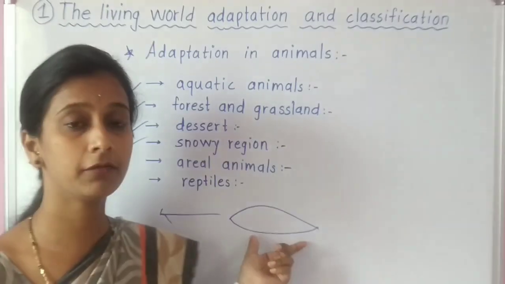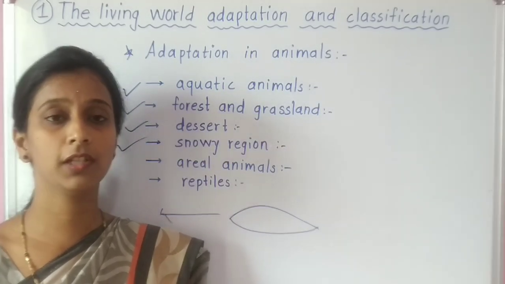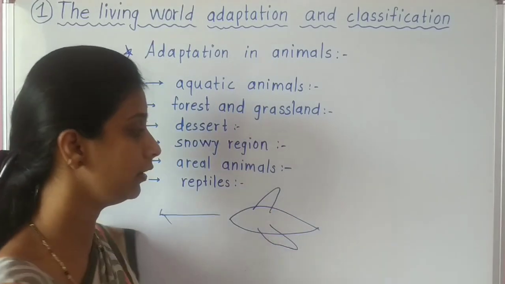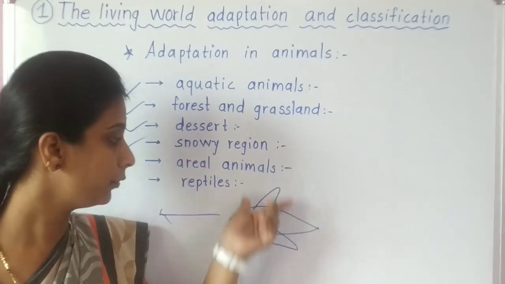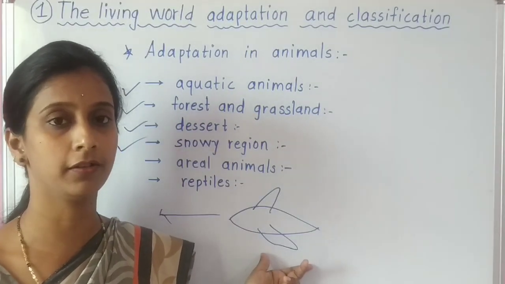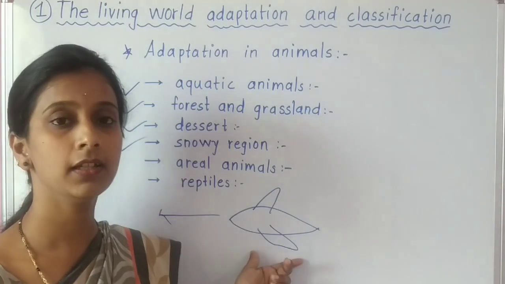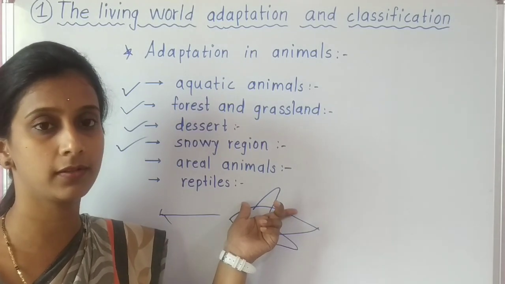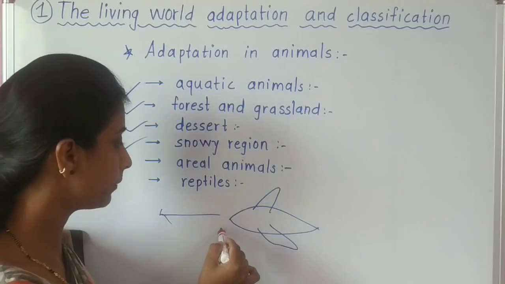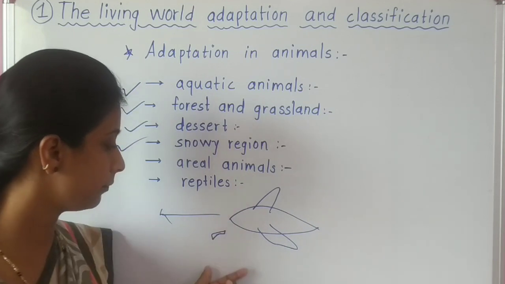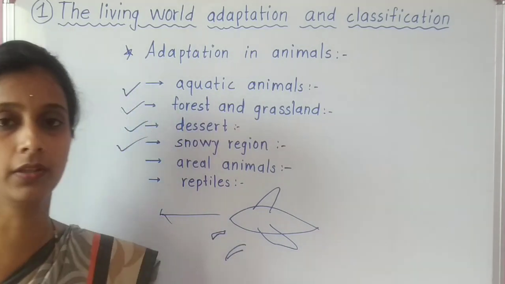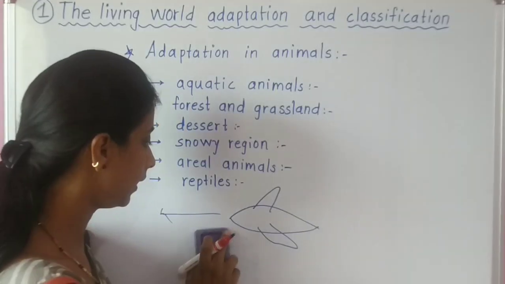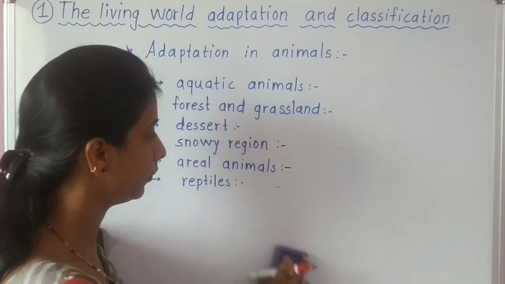Next, their forelimbs are converted into wings, due to which they can fly in the air and into the sky. Understand? They have a sharp beak, to get their food.